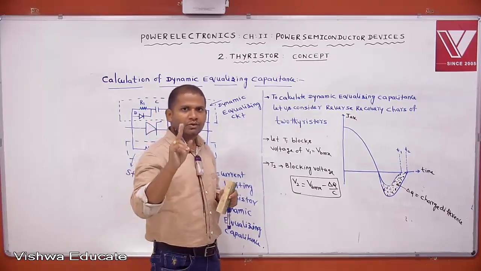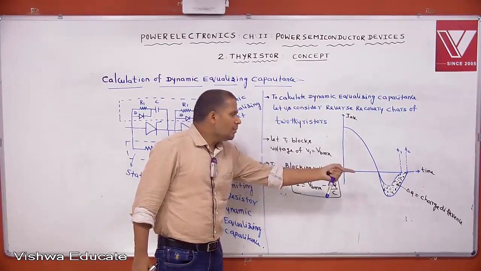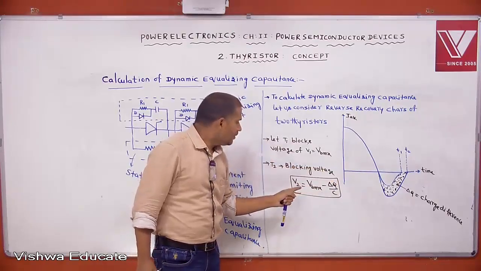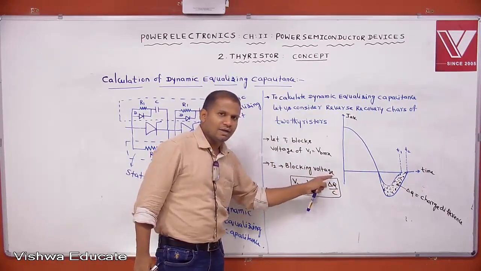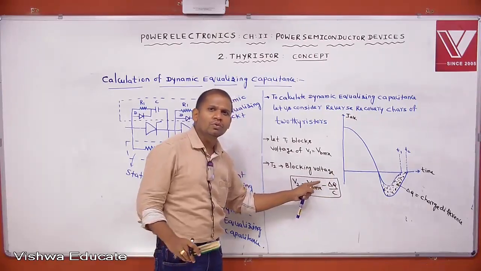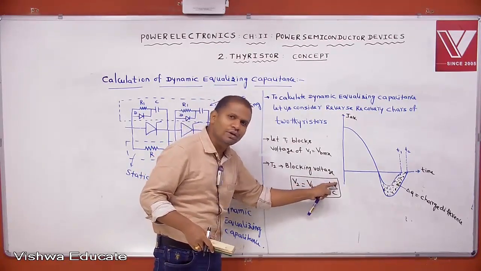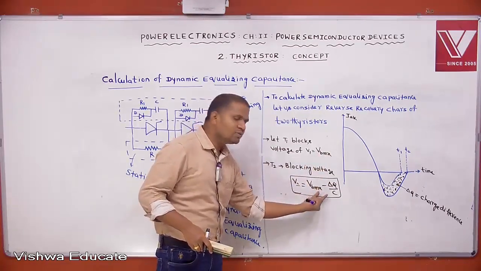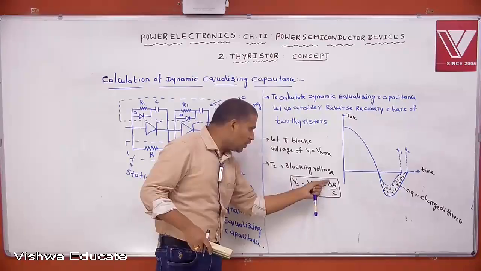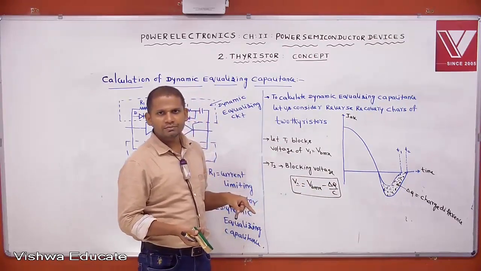Understood? Let us assume two thyristors. If one SCR blocks VBMX, then because of the charge difference, V2 blocks this one. If this charge difference is not present, delta Q by C means Q equals CV, so V equals Q by C. This also indicates a voltage. It blocks this difference of voltage. If the charge difference is 0, then V2 is also the same voltage.